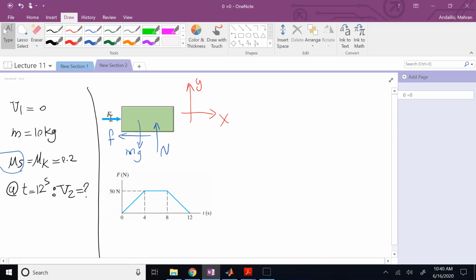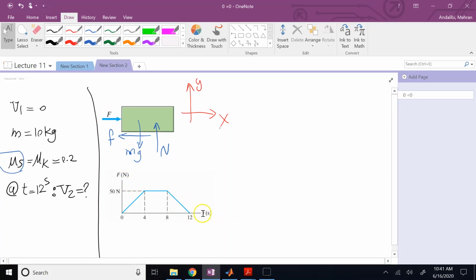when we say F equals m dv over dt, or F equals m times a, m is constant, but the acceleration of this particle is not constant. The acceleration of this particle is time dependent. Why? Because F is time dependent. So a is F over m.